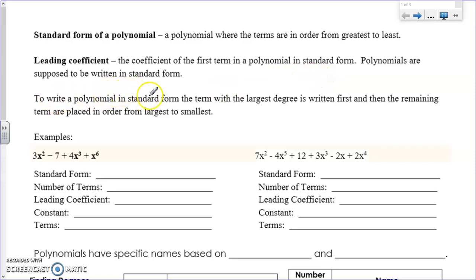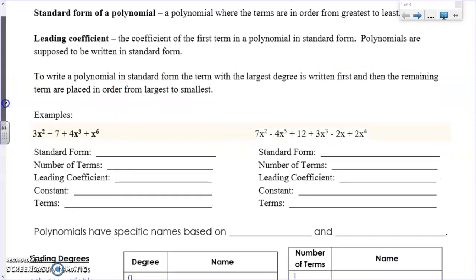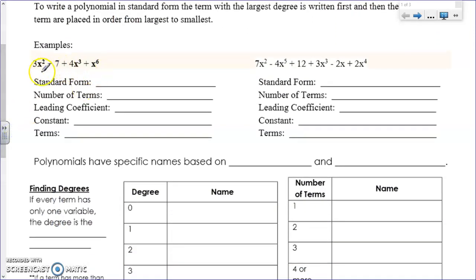So to write the polynomial in standard form, the term with the largest degree is written first, and then the remaining terms are placed in order from largest to smallest. So if I look at this problem here, which one is the highest exponent? X to the 6. So it would go first, and then 4x cubed, and then 3x squared minus 7.